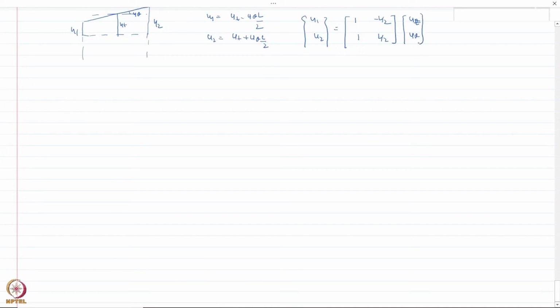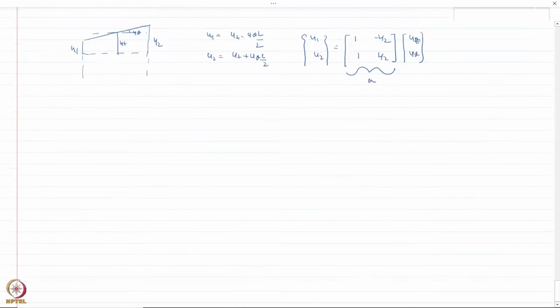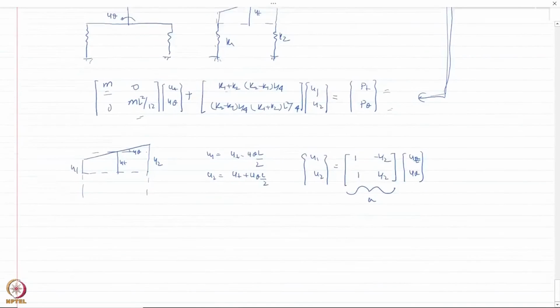Okay, this matrix here is called the transformation matrix. We're going to represent it A, and we'll see that these two systems are basically equivalent.